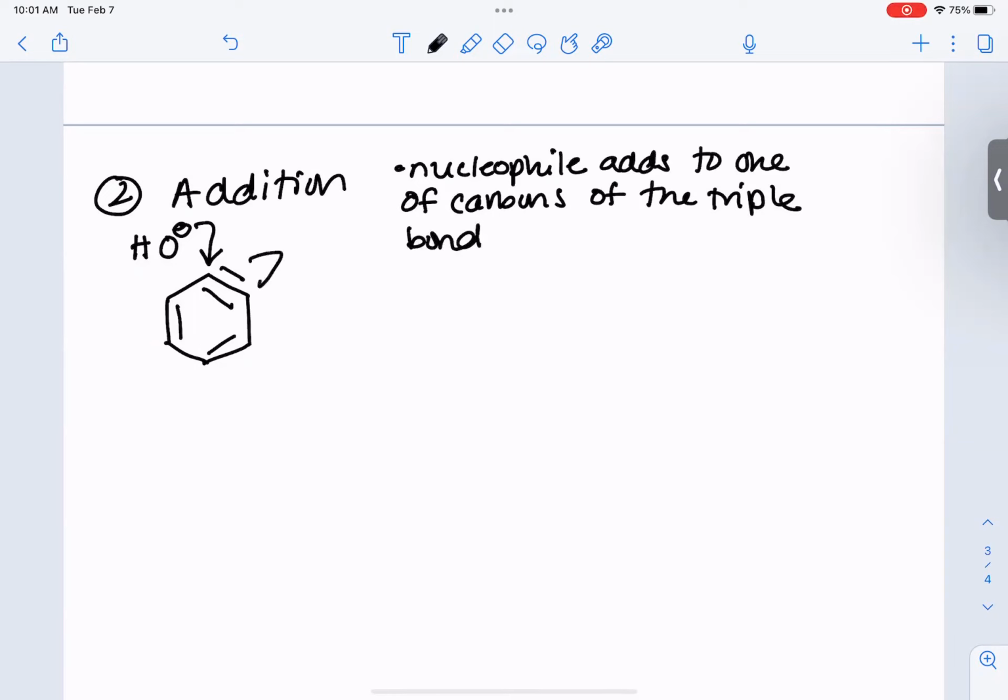And then the pi electrons, all right, go on to the adjacent carbon. They're going to go on to the other carbon of the triple bond.